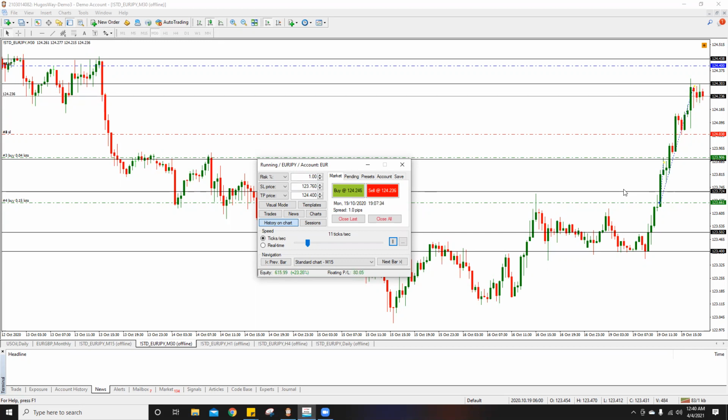So there's two things that you can do here. Either you close out the entire position because now price is consolidating right underneath 124,300, or you wait for price to continue bullish and then hit your TP level since you're already risk-free at this point.